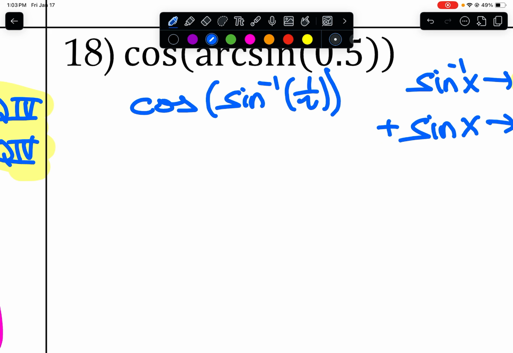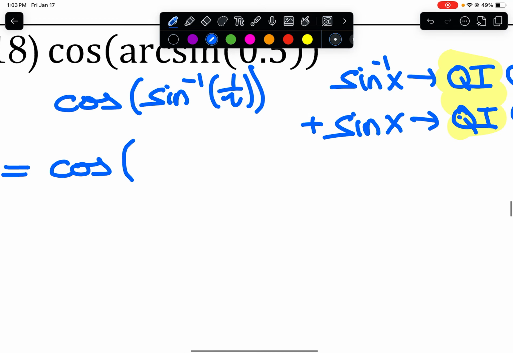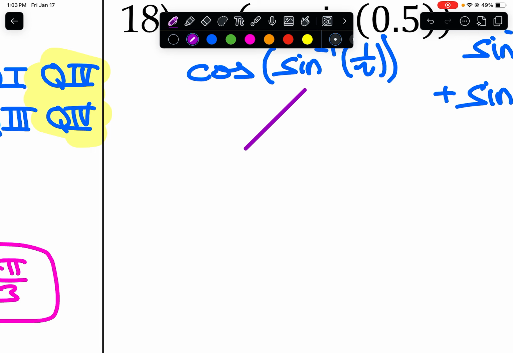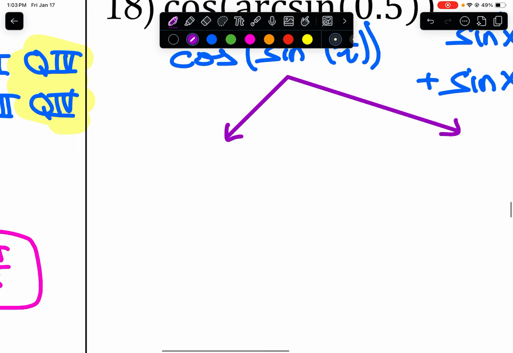So then I want to do cosine of, actually here, let's scratch this. I'm going to do a split and put this one way over there, so we can evaluate cosine.